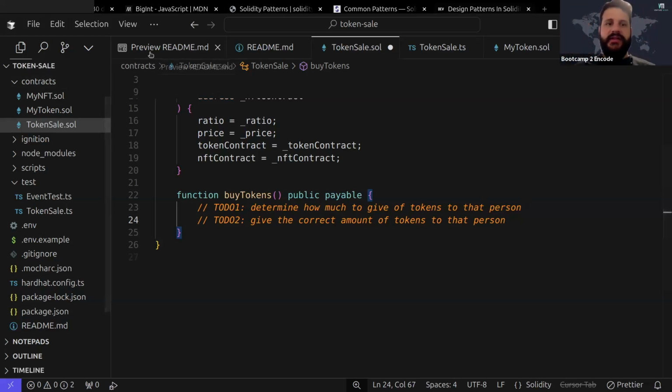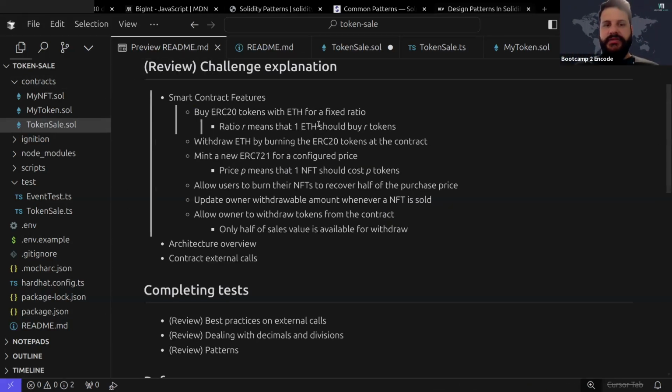You can code that, but it's not in the specifications. So a person would buy ERC20 tokens with ETH at a fixed ratio. This is the current specification, not saying that they can buy for someone else. We could implement it like that, it wouldn't be wrong. But the default way would be that the person buys for themselves by sending ETH to the contract at the fixed ratio. Okay.